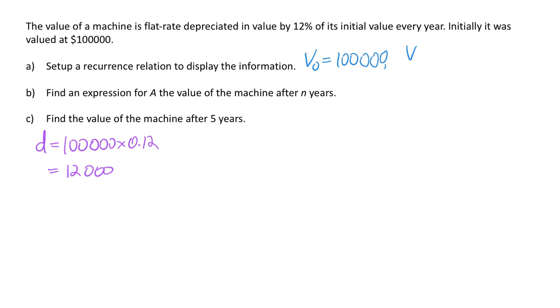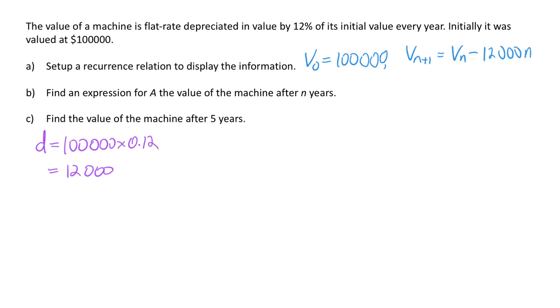And then my next term in the sequence is going to equal my current term minus 12,000. So V0 is equal to 100,000, Vn plus 1 is equal to Vn minus 12,000.